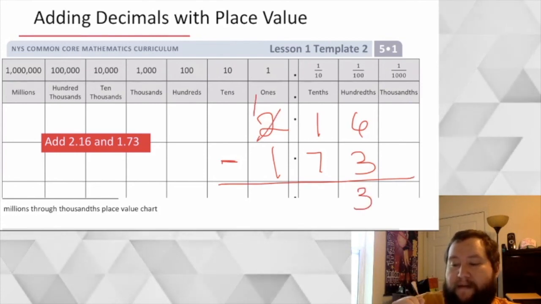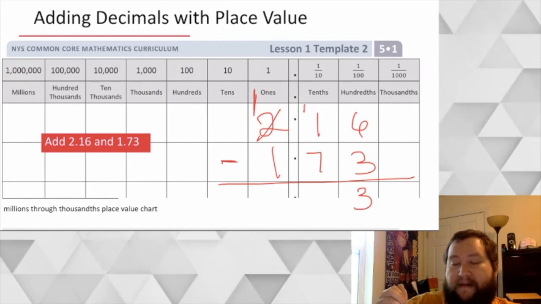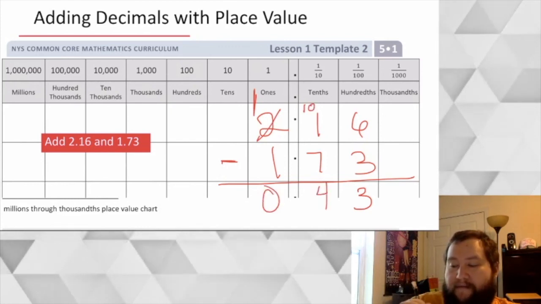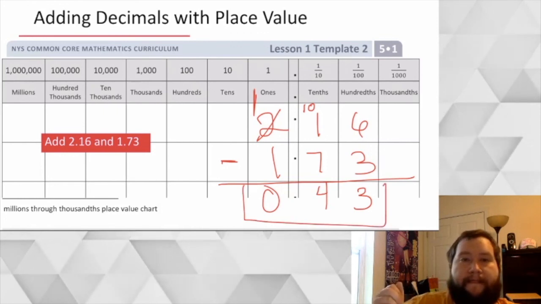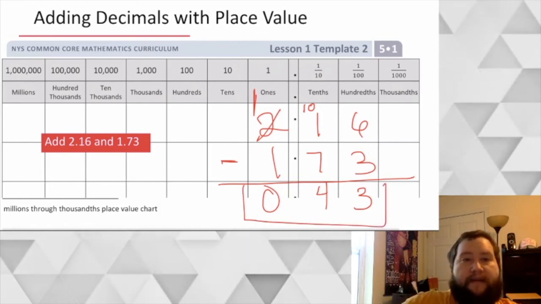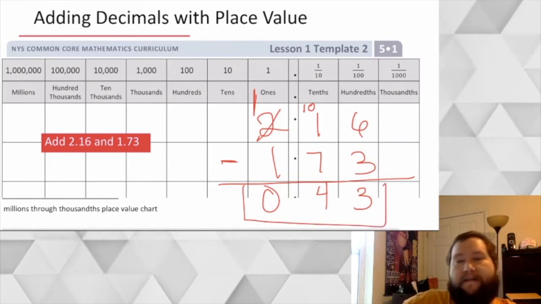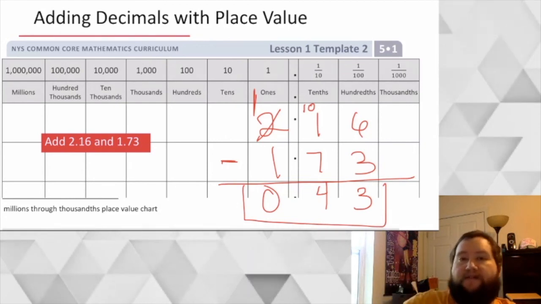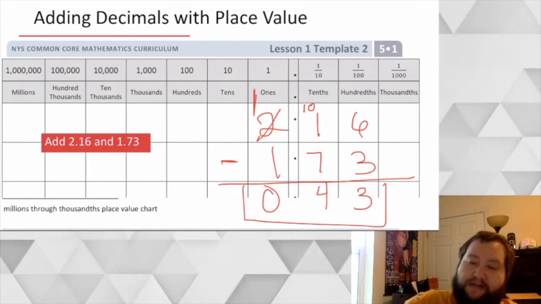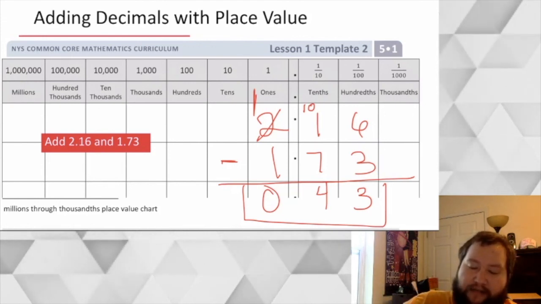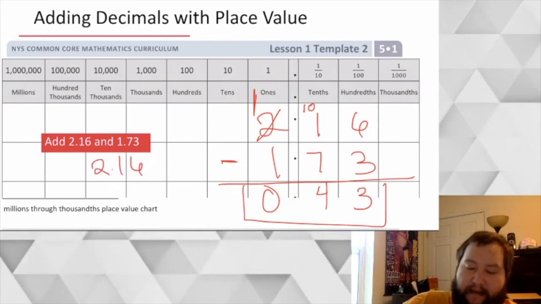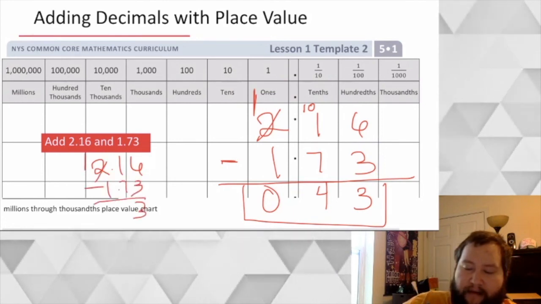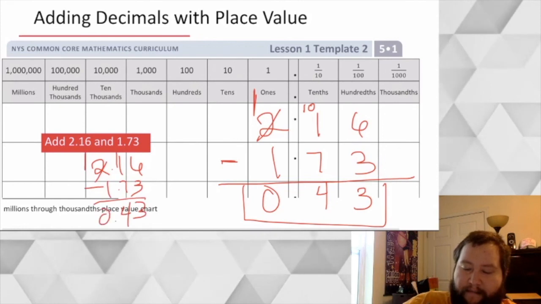One of those means we now have 11 of these tenths. We're left with 4, 0.43. And so this comes from EngageNY. This is a place value chart, and so you can very easily line up your numbers, use them to practice. And eventually we get to the standard algorithm, which just says 2.16 minus 1.73, 3, 1, 11, 4, 0.